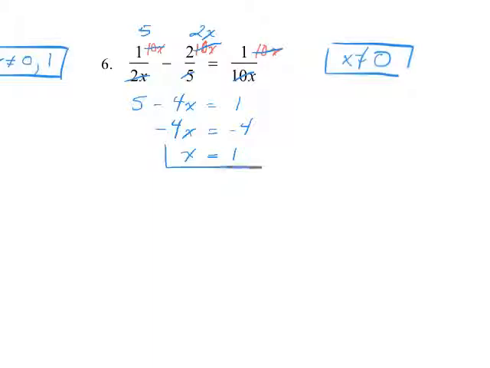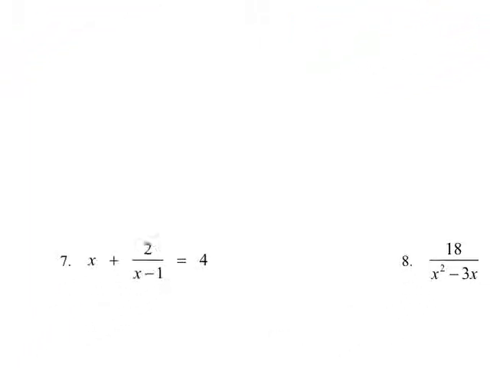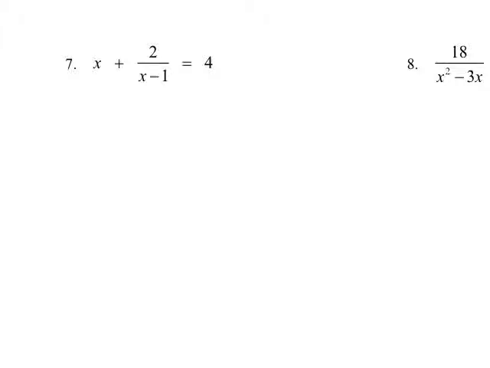Again, comparing this with our non-permissible value, x equaling 1 is our solution. So we move on to question number 7.